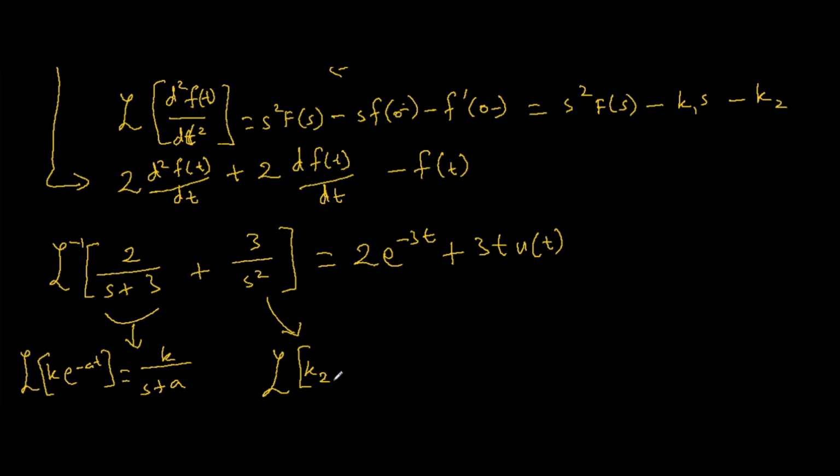K2 multiplied by t u of t. So if we found that, we end up with k2 over s squared. And this is very similar to that, in which case k is simply equal to 2, a is simply equal to 3, k2 is equal to 3, and we come up with our solution over here.